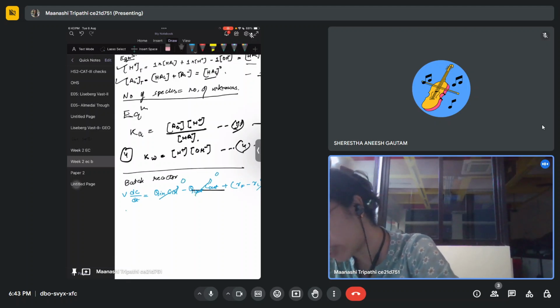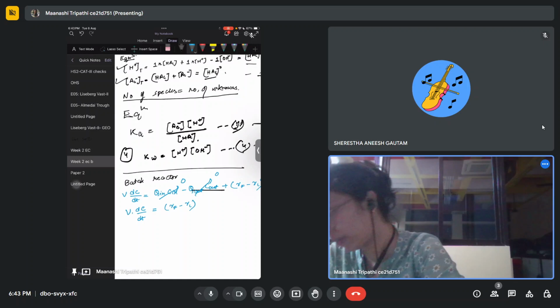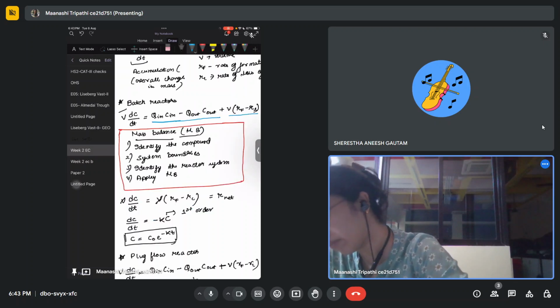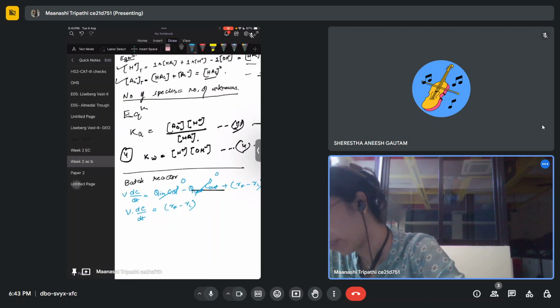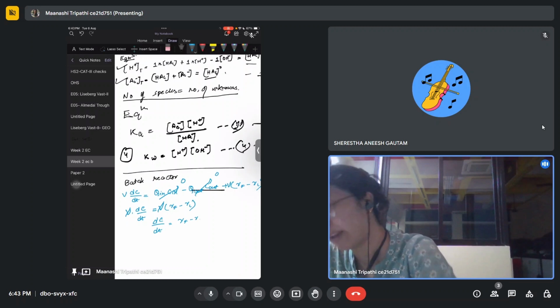So what we will get? V dC by dt is equal to V RF minus V RL. Yes, here the volume term will also be there. Sorry for the mistake. Volume will be cancelled by volume. So finally dC by dt is equal to RF minus RL.